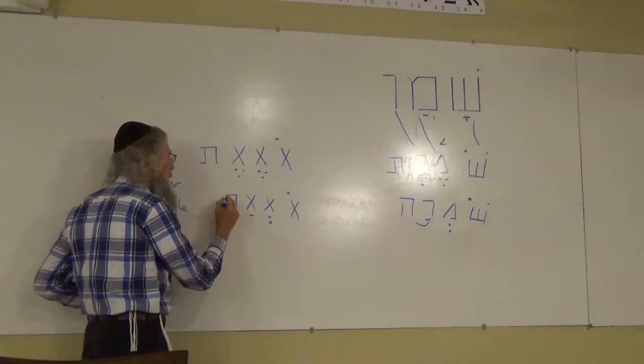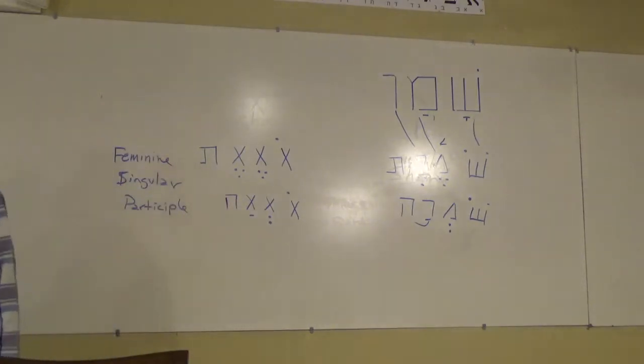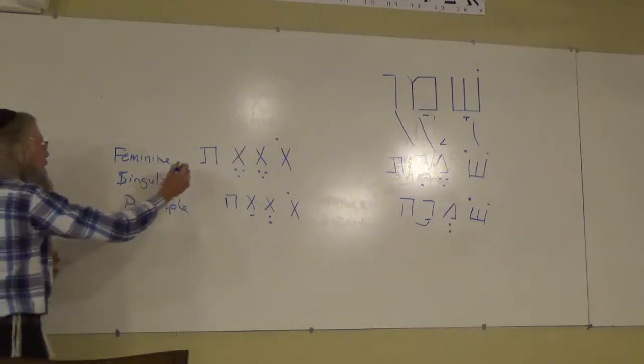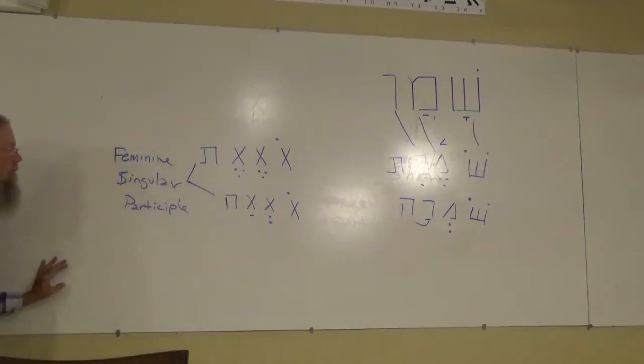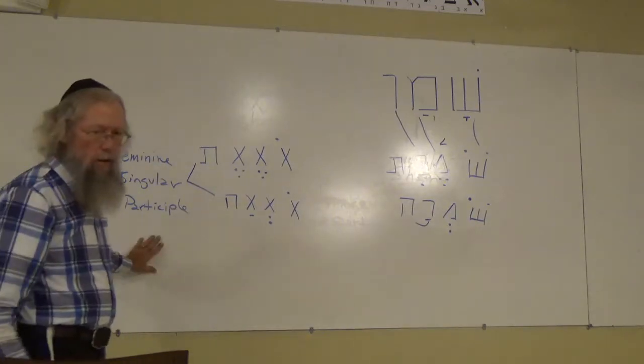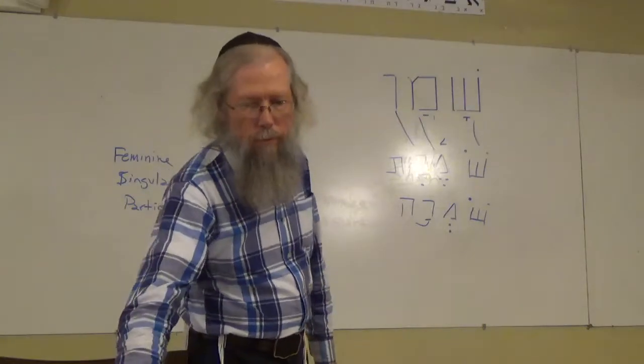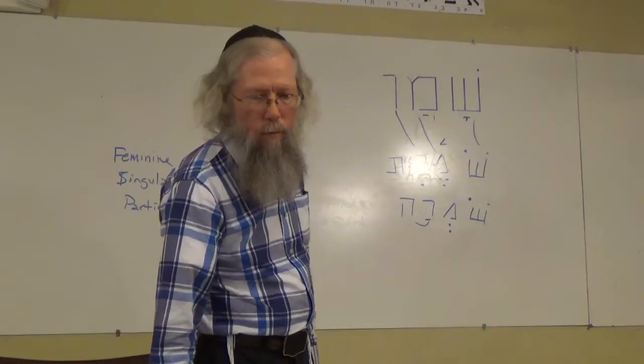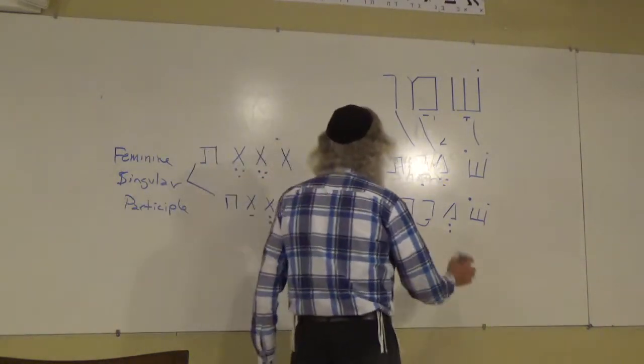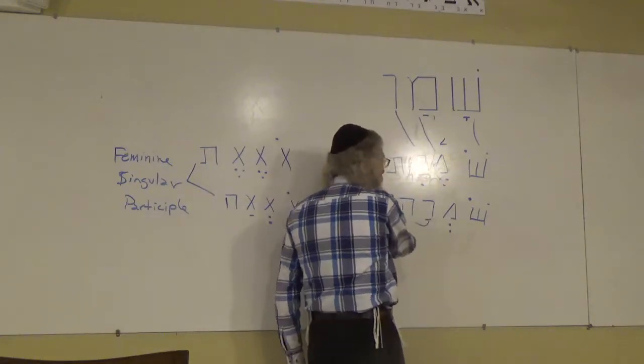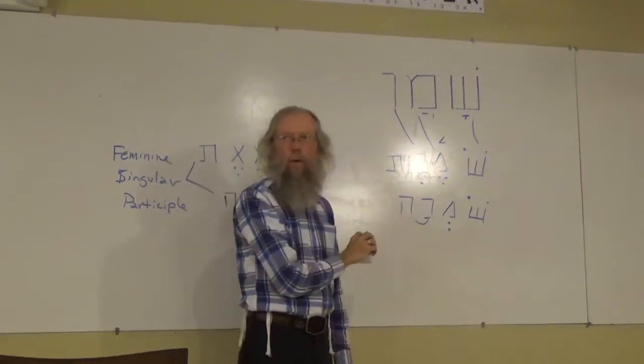What am I doing? Like that. I was looking at the board cross-eyed a little bit there. So either of these is the formula of the singular feminine participle. Okay, everybody got this? You with me?